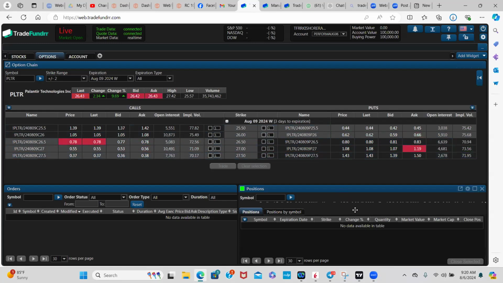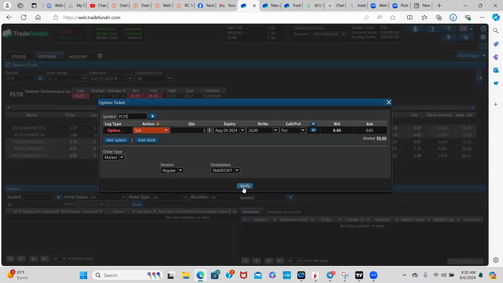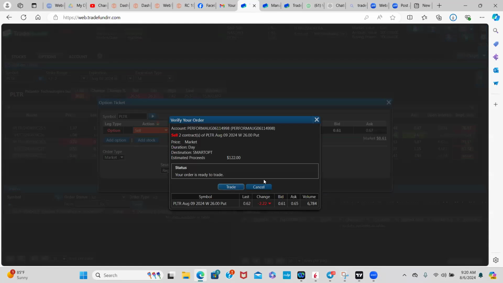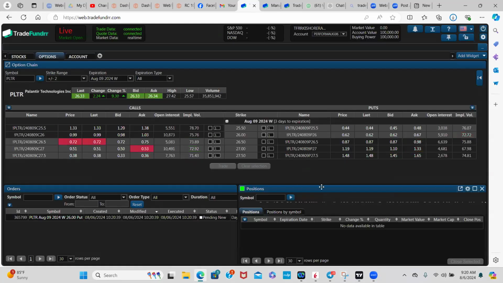For example, if PLTR is bullish, let us say I want to sell the 26 put, right?